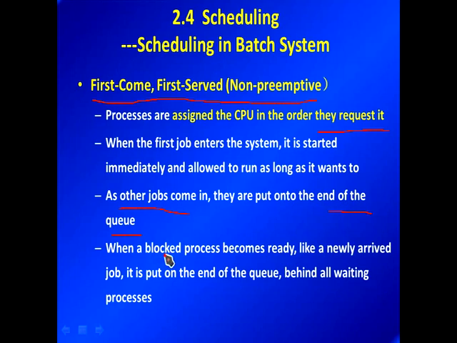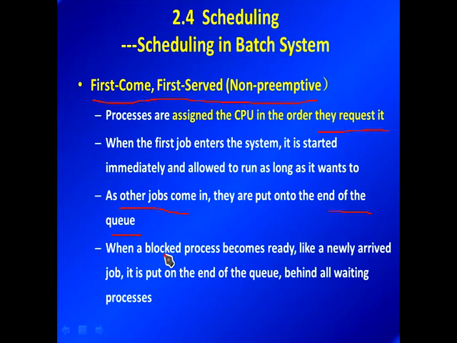But for a non-preemptive algorithm, we know that they will leave the CPU only when they want to, right? And when will the process leave the CPU voluntarily? Maybe after it finishes all its job, it will exit, not only exit the CPU, but also exit the whole system.